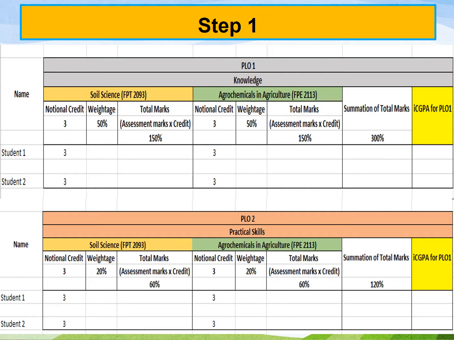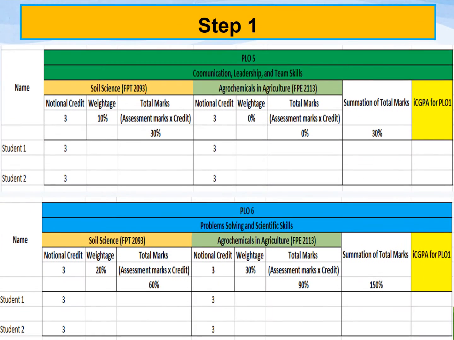Alright, now let's look at PLO number 2. In soil science, the weightage is 20% and the notional credit is 3. So the total marks is 60%. Similar thing goes to agrochemicals in agriculture. In PLO number 5, the weightage of soil science is 10%.